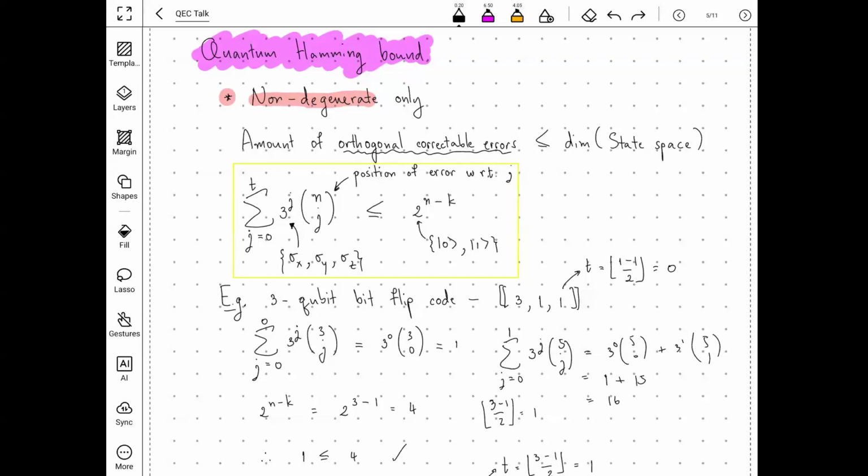And the amount of state space is 2 to the 5 minus 1, which is 16. So we get 16 is less than or equal to 16. The number of correctable errors is 16, and the dimension of the state space for the errors is 16.